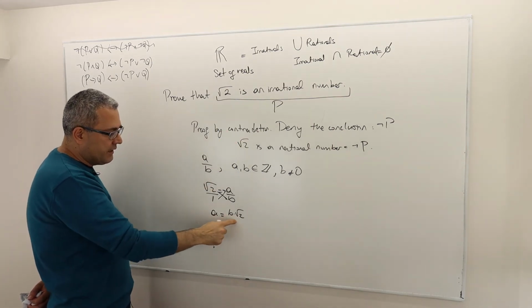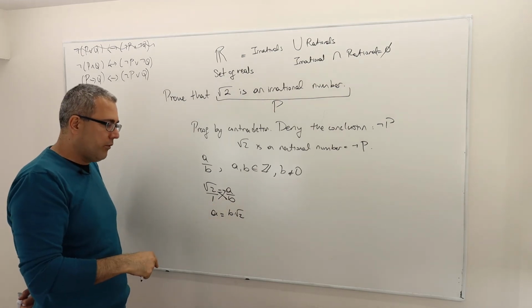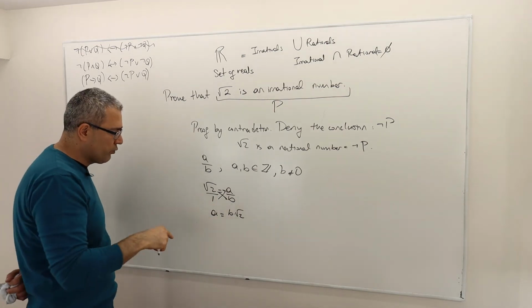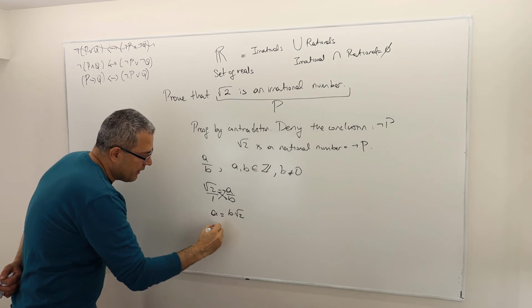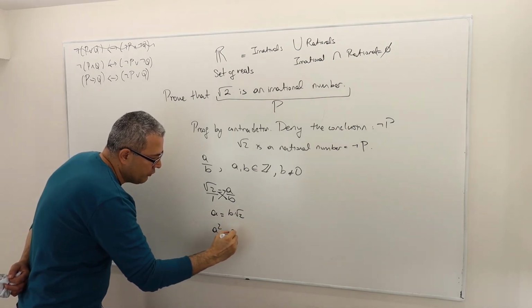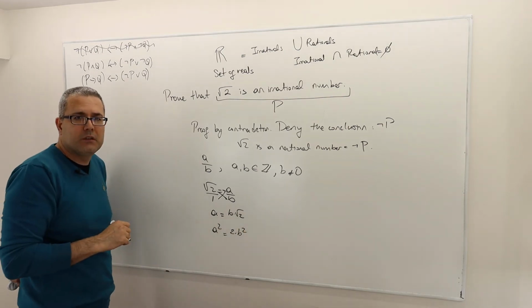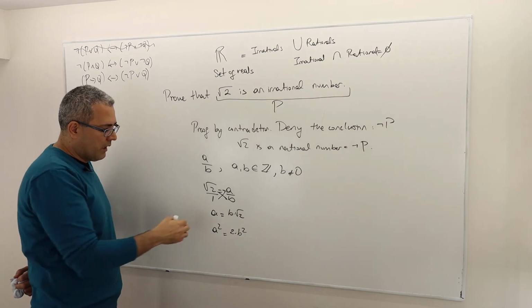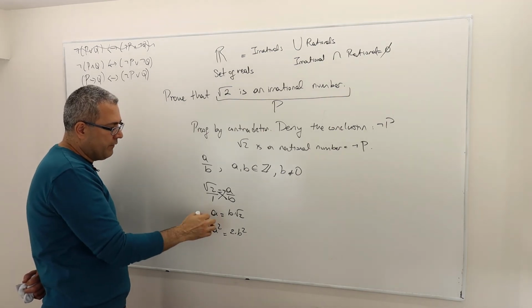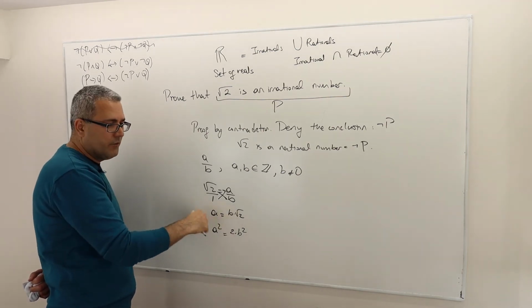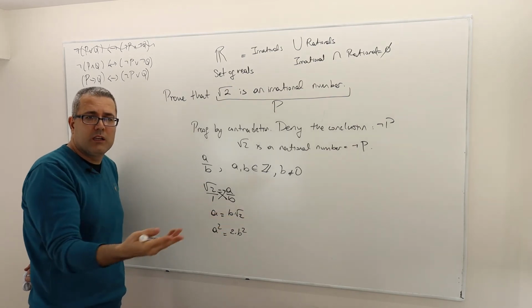So therefore, A is equal to B times square root of 2. I'm going to use another inference rule, and A square is equal to 2 times B square. Why is that? Remember, if you have an equality like this and you square both sides, equality will not change.